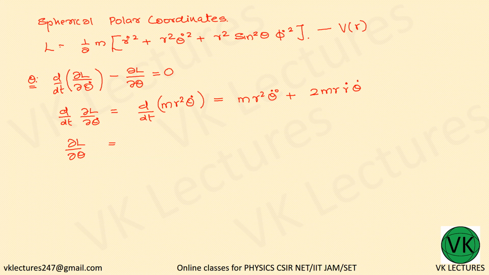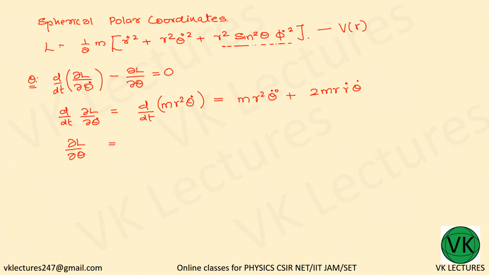So dou L by dou theta means you need to consider only this term, so half m r square sine square theta.